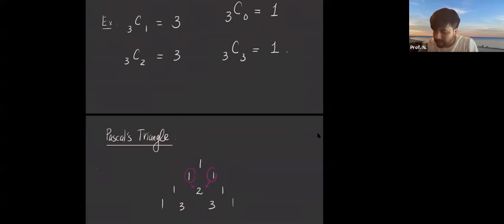For example, what's the second row? This would be 2C0. What's 2C1? And what's 2C2? Each row of Pascal's triangle is the binomial coefficients out of the objects that we have.